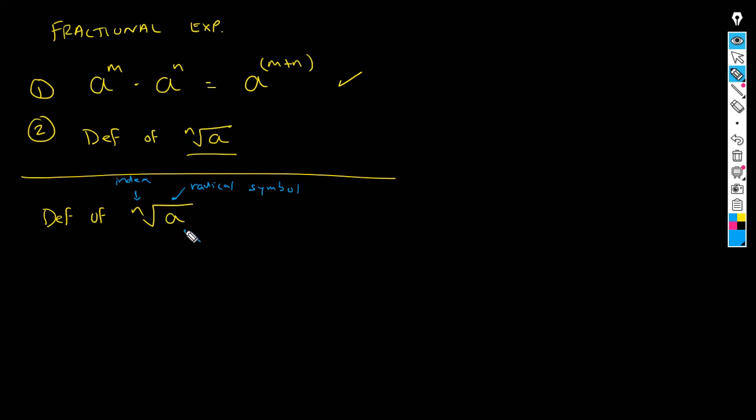And whatever you put inside the radical symbol is called the radicand. Okay, so these are just names. Now, what is the definition of that number?